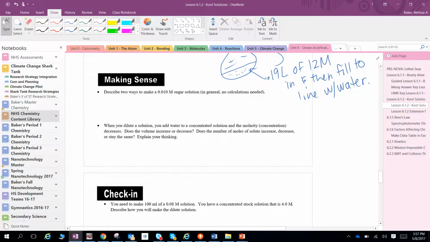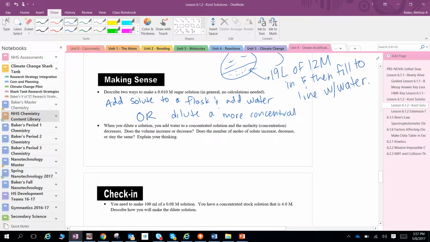So the making sense questions, there's a couple of them here. What are 2 different ways in general you can make a sugar solution? You can add solute to a flask and add water, or you can dilute a more concentrated solution.